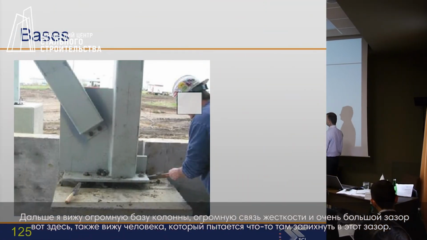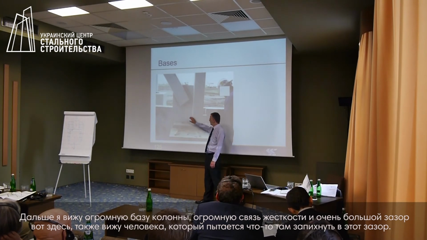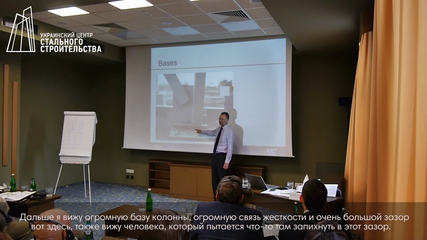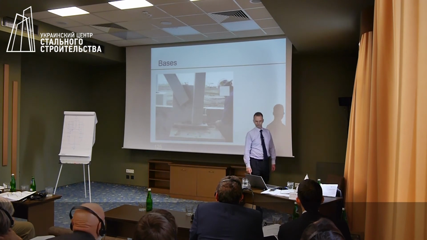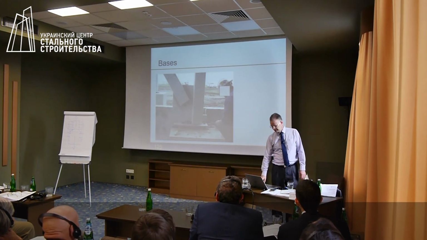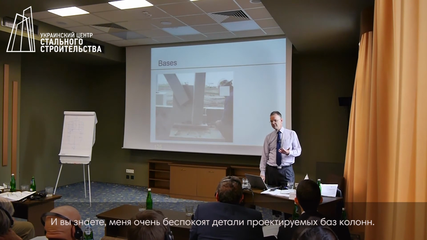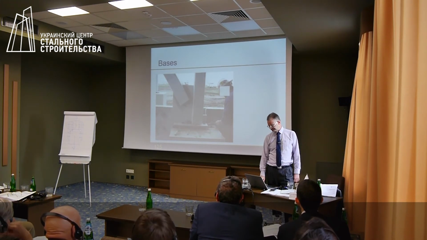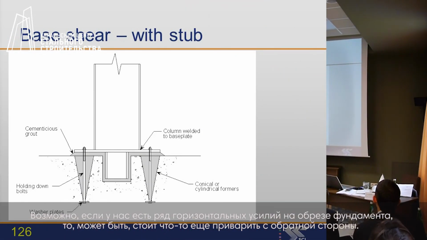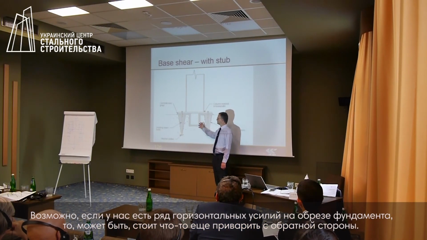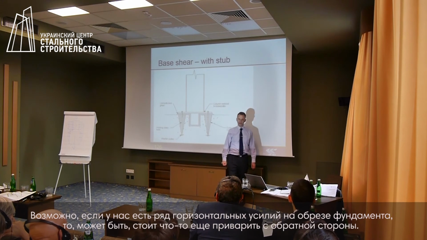And then I see a large base with a huge bracing, and I see a very large gap, and I see a man poking cement under here with a piece of stick. And I worry about the details of our bases. So maybe if we have a serious base shear, a horizontal force, maybe we would weld something to the underside.